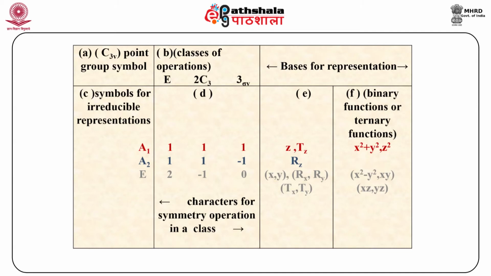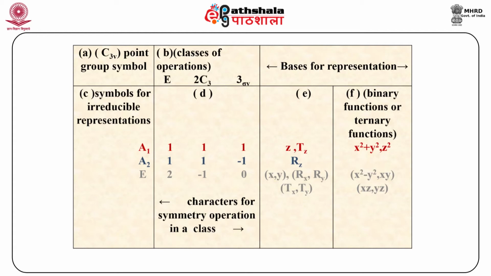Then we have sections E and F, which are the bases for representation. Section E gives the basis as either x, y, z, or Rx, Ry, Rz, or Tx, Ty, Tz.